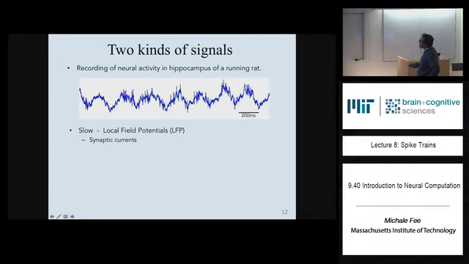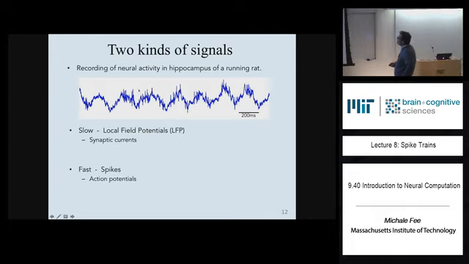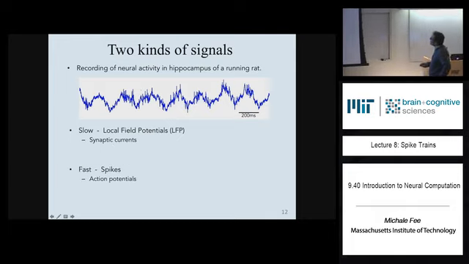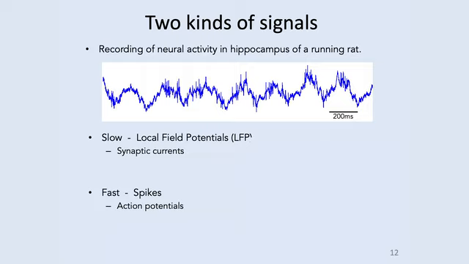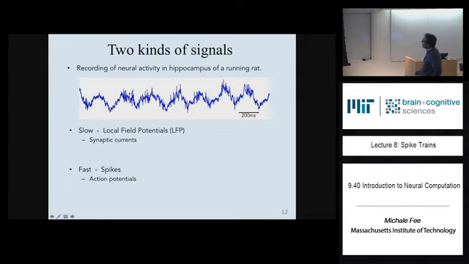That slow modulation of the voltage is actually caused by synaptic currents in the hippocampus. You can also see that there are very fast deflections of the voltage corresponding to action potentials. So once again, this is about a second's worth of data of extracellular recording from rat hippocampus.